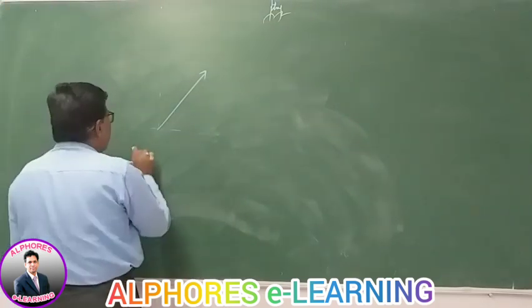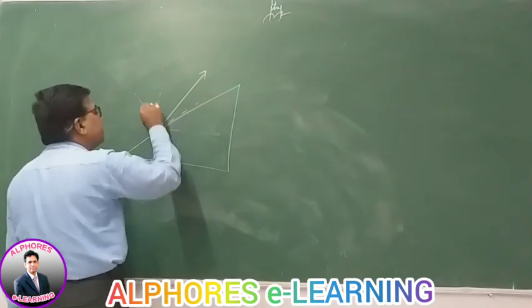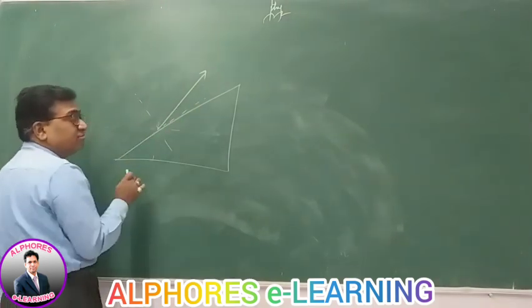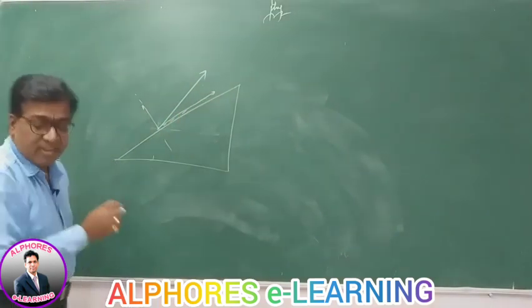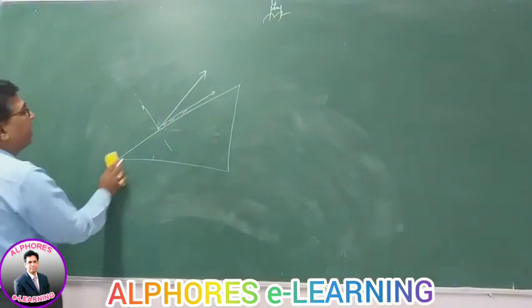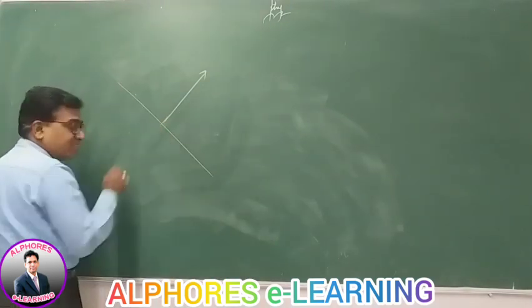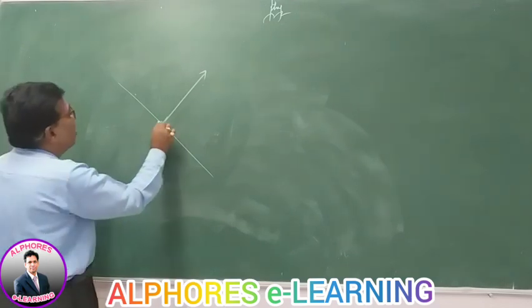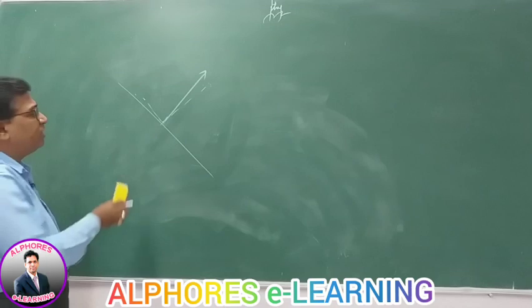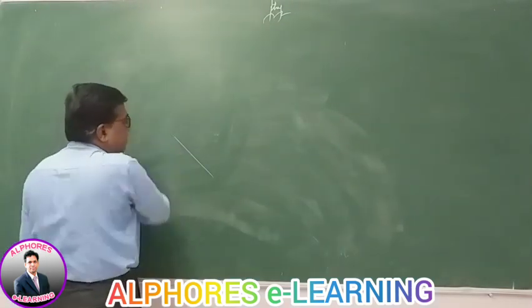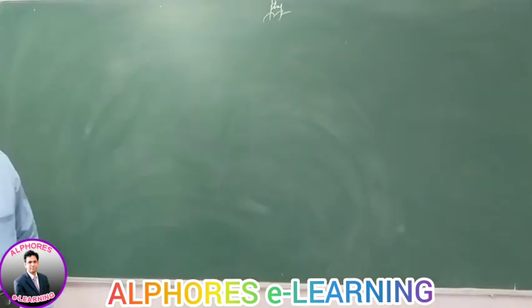If I am on an inclined plane like this, then this is the horizontal and this is the vertical along the inclined plane, and I have to split the vector along these. If the body is on an inclined plane, you can split into a component like this and a component like this. So a vector can be split into any number of components.